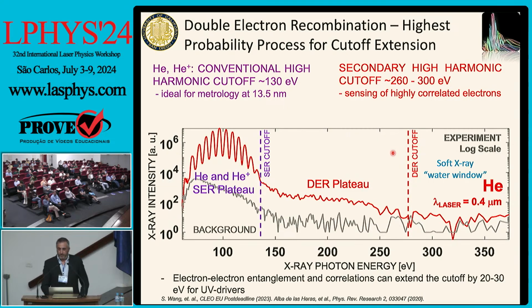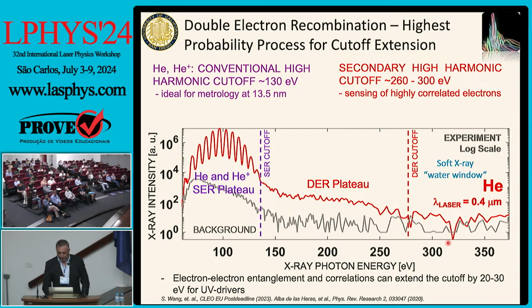In fact, if I take a line out of the harmonics, within the conventional cutoff we can see these bright harmonics, which are ideal, for example, for metrology for the semiconductor industry. However, beyond this cutoff we have a weak signal, which I would not use as a source, but rather, due to the underlying physics, we can use this signal as an indicator for highly correlated electrons.